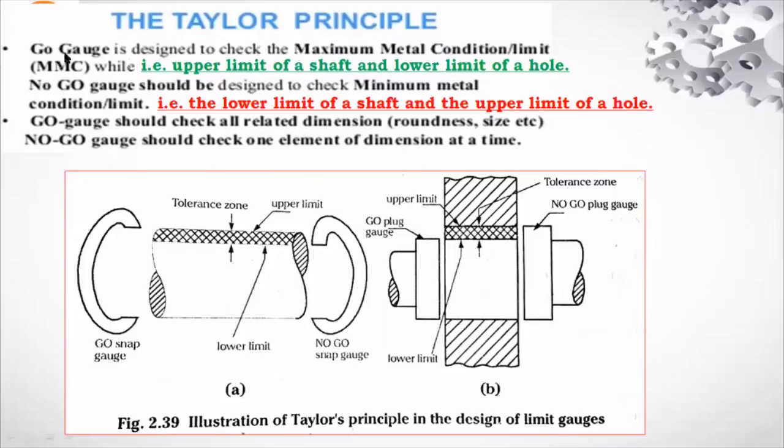Here, the go gauge is designed to check the maximum metal condition. It is the statement given by Taylor's principle. The go gauge should check the MMC, that is, the upper limit for the shaft and the lower limit for the hole. You see this image.